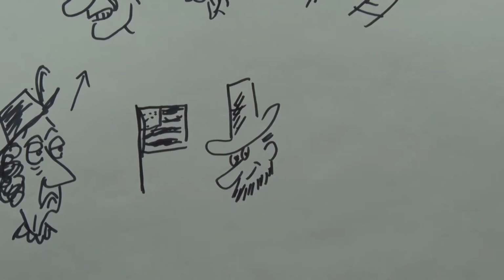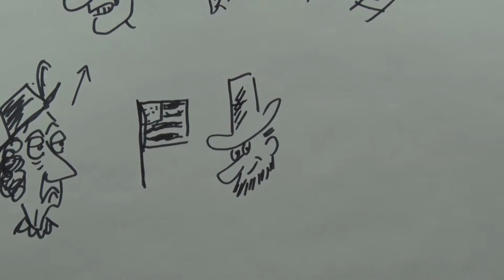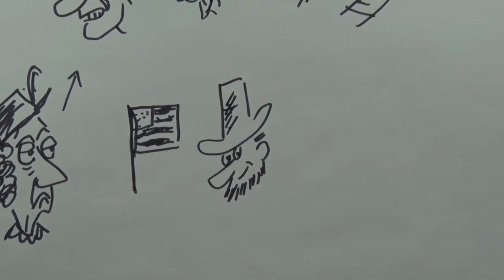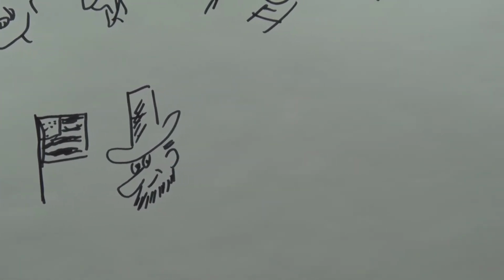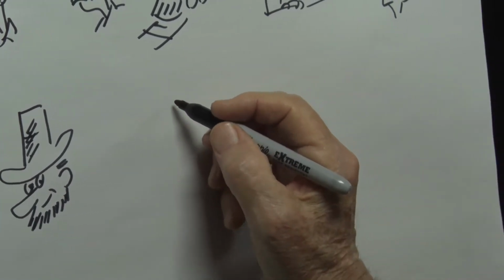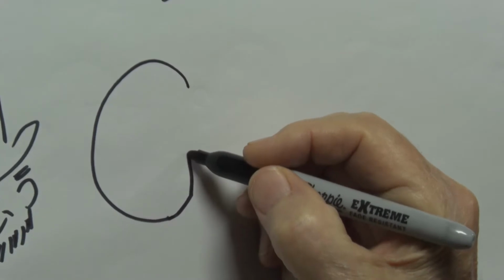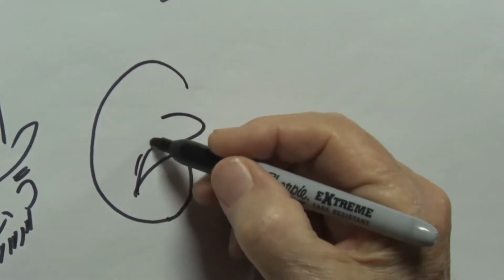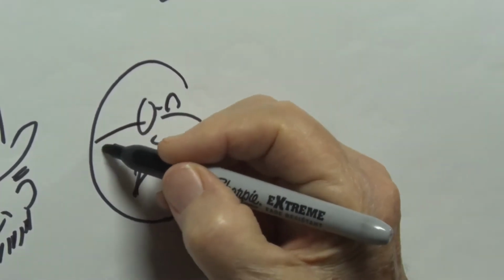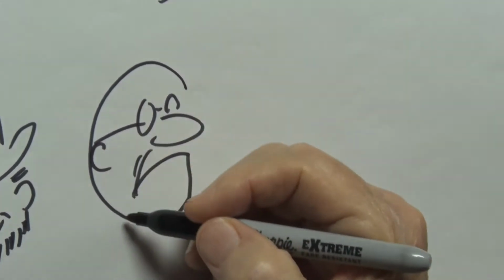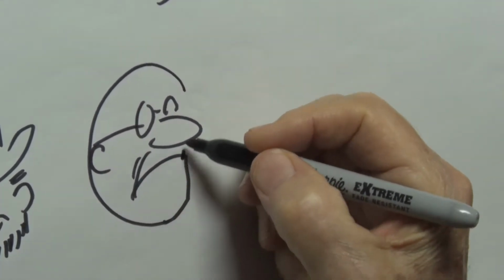Well, G, it's kind of a challenge. As far as I know, there aren't that many ways to use the letter G, but one really fun one, I think, is to put a face and make the bottom part of the G come around and form the mouth.